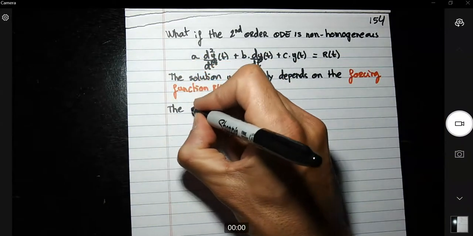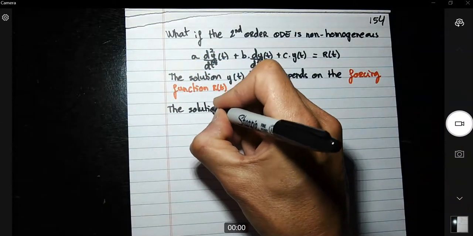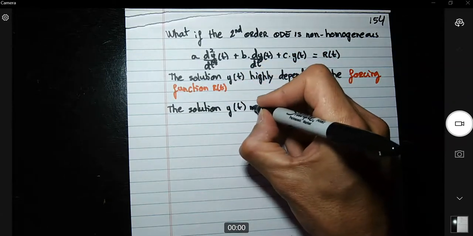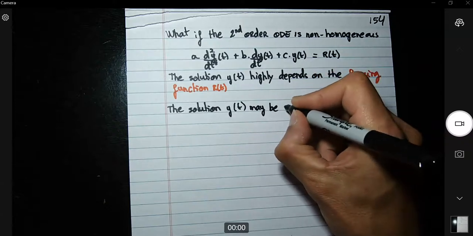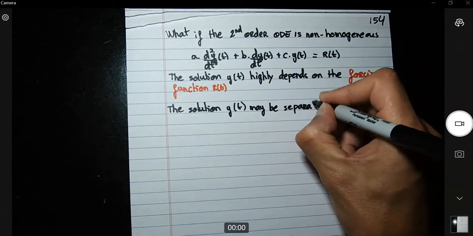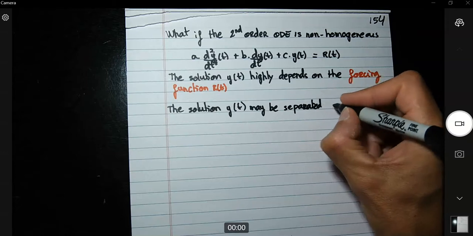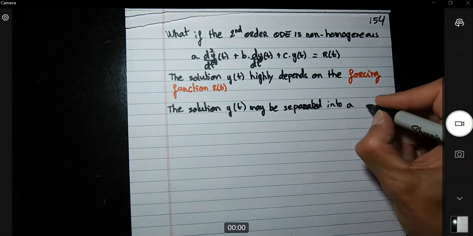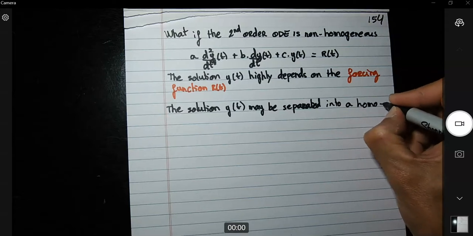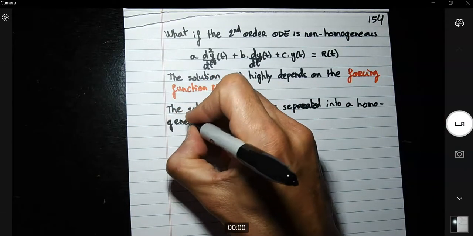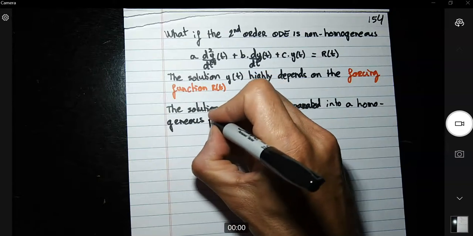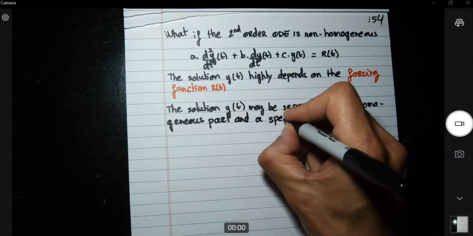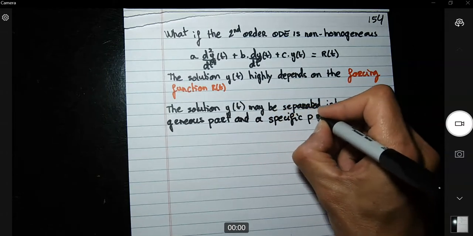So you need to say the solution y of t might be separated into a homogeneous part and a specific part.